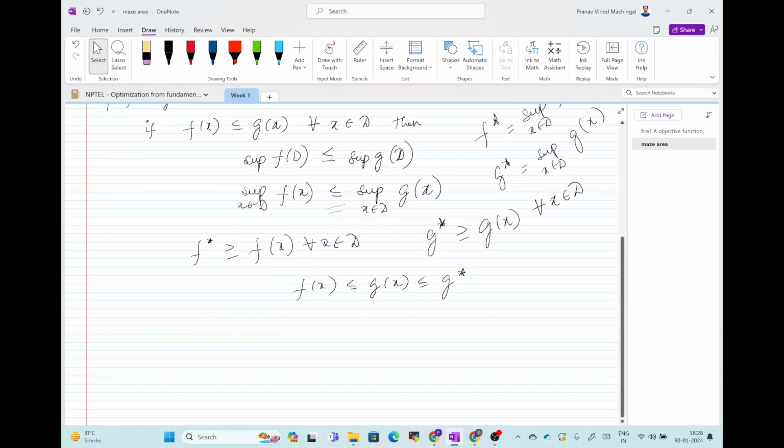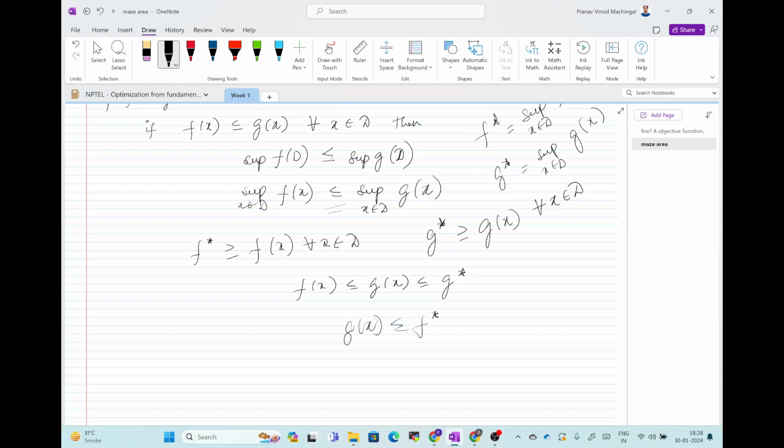I think g of x should be less than or equal to f star less than or equal to g star. Why is that?